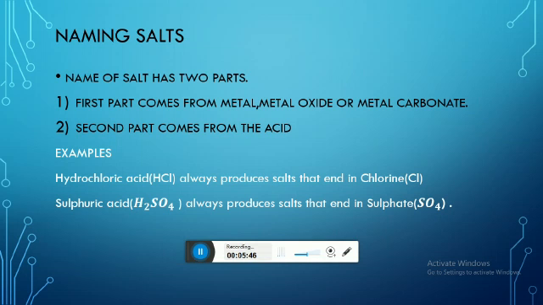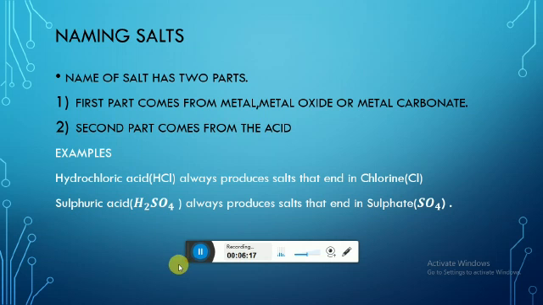Suppose we use hydrochloric acid, then a salt is formed. So one part comes from the acid, and the second part, as I told you, comes from the metal or metal oxides or metal carbonates.